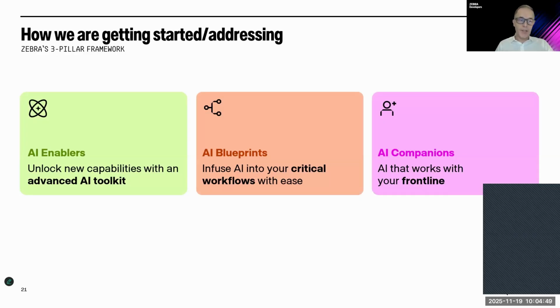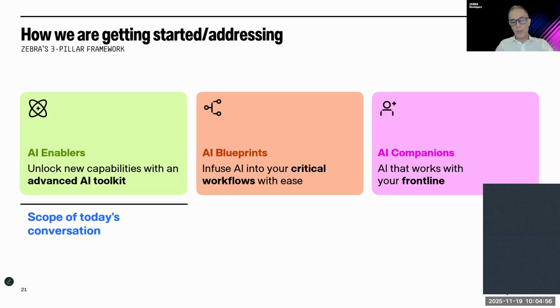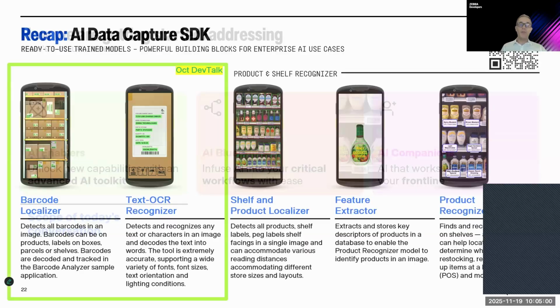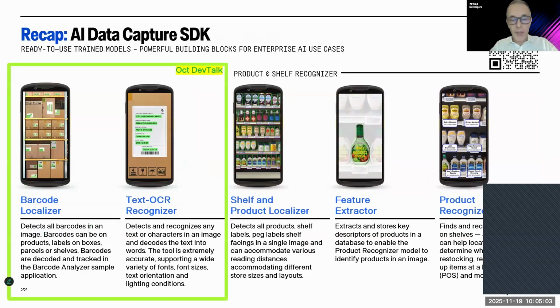Specifically, last time and also this time, the scope of the conversation is about the AI enablers, where we identify some specific models that we developed for our SDK. Last time, during the October DevTalk, we specifically introduced the barcode localizer and the text OCR recognizer. Today's focus is mostly on the product and shelf recognizers.